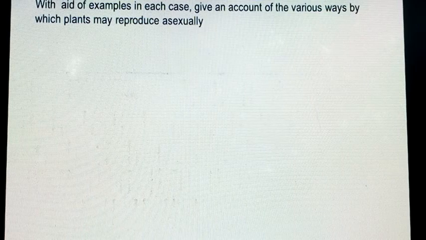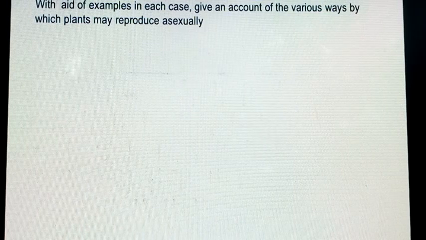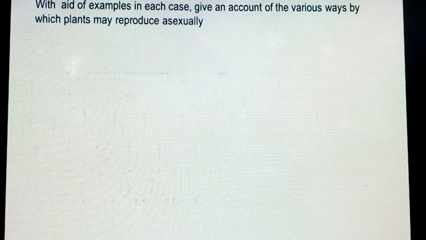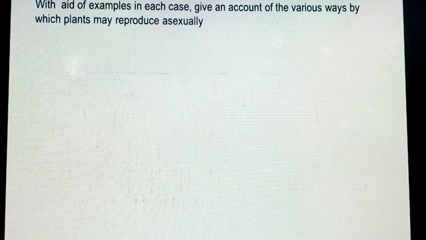So another question I've also incorporated, I've requested my learners, with the aid of examples, to give an account of the various ways by which plants may reproduce asexually.